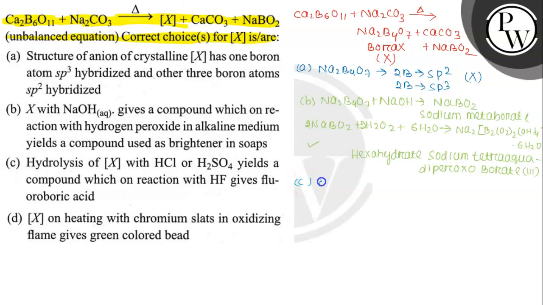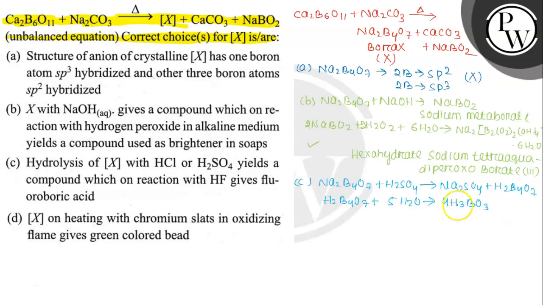Now Na2B4O7 reacts with H2SO4 and gives Na2SO4 plus H2B4O7, and on hydrolysis H2B4O7 gives 4H3BO3, that is boric acid.